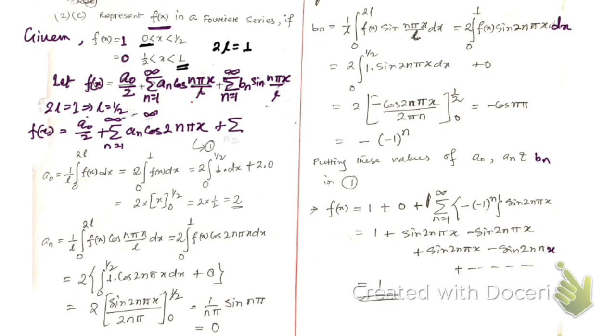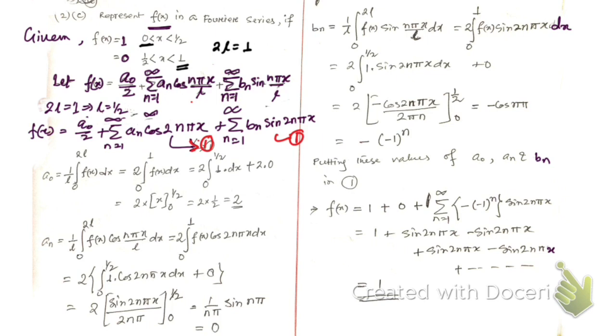Similarly, summation n is equal to 1 to infinity of bn sine twice n pi x. That is what we will get, and let us consider this as equation number 1.